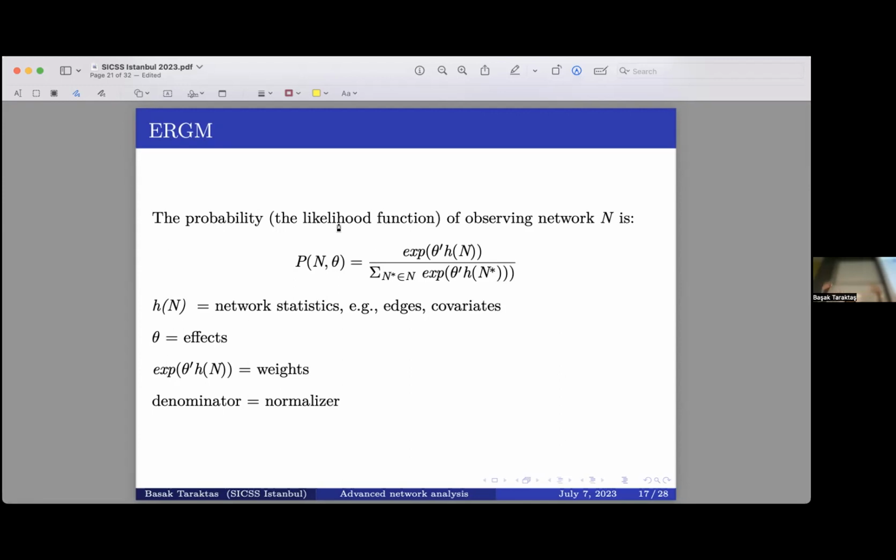Given all these possible configurations, like you have the universe of probabilities, how likely am I to observe the graph that I am studying empirically in this universe of possibilities? Does this make sense? So I look at all possible configurations, and how likely is it that I have a network like the one I'm studying over here?